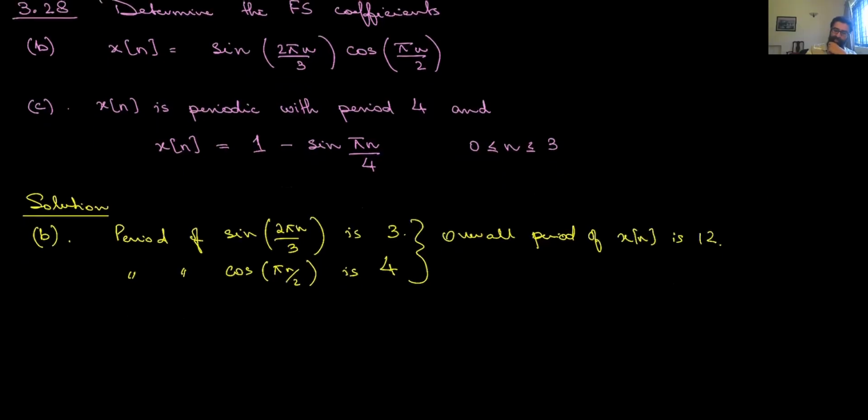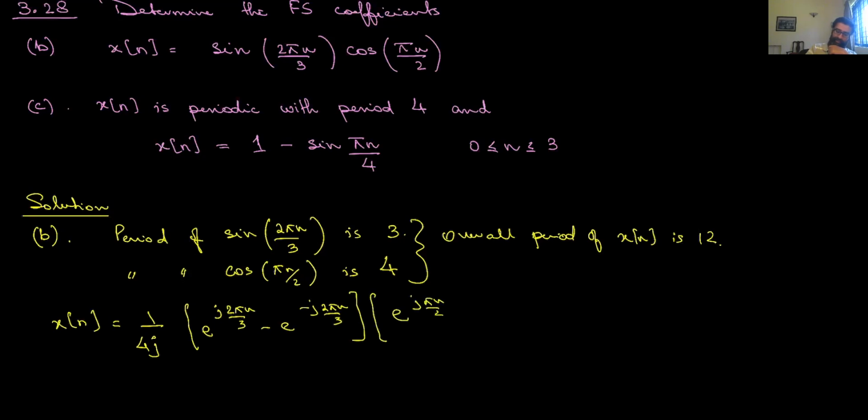And for x of n, I'll just use Euler's expansion here. So this is 1 upon 2j, and I'm going to skip a step here. This is 1 upon 4j, e raised to power j 2 pi n by 3 minus e raised to power minus j 2 pi n by 3, and this is e raised to power j pi n by 2 plus e raised to minus j pi n by 2.